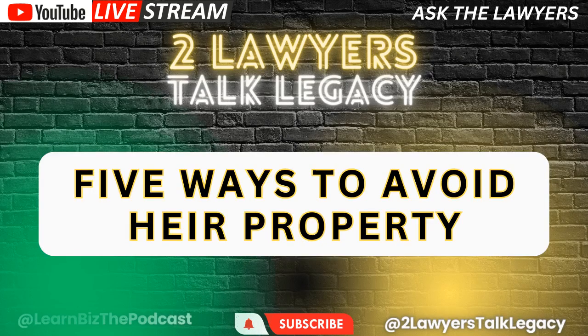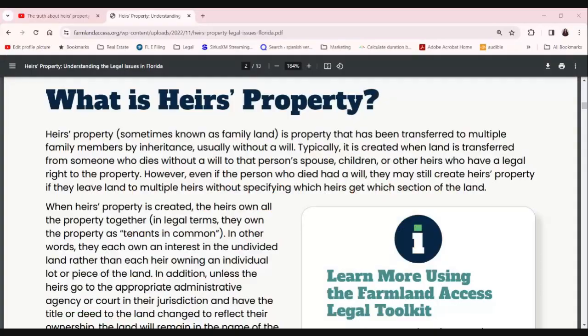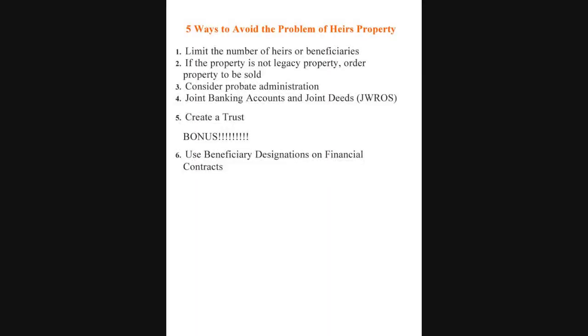There are lots of different things you can do as far as planning is concerned to try to avoid this situation. It does take some planning. One of the things you can do, if you are making a will, is limit the number of heirs or beneficiaries by law.